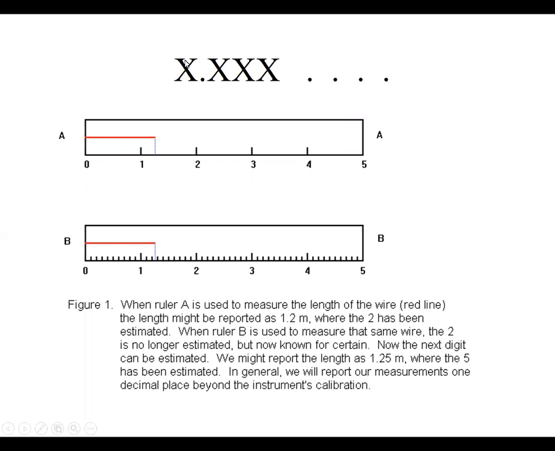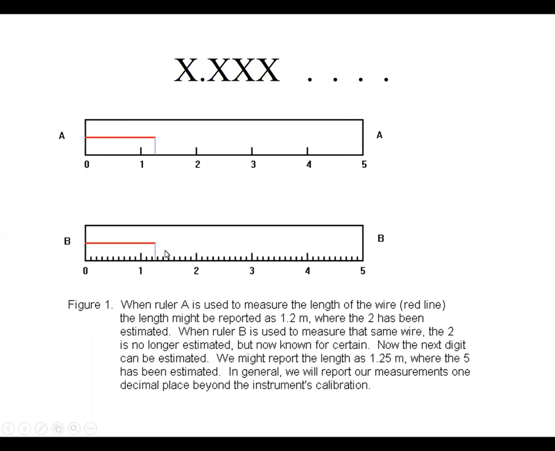So we can report that as 1.25 meters, where the 1 and the 2 are known with certainty, and the 5 has been estimated. And again, there may be a difference of opinion on what that third digit is. Somebody might say, no, I don't think it's quite in the middle. I think it's maybe a little to the right of the middle. Maybe I want to record it as 1.26. And somebody else might say, no, I think it's actually not quite to the middle. I think maybe it's 1.24.